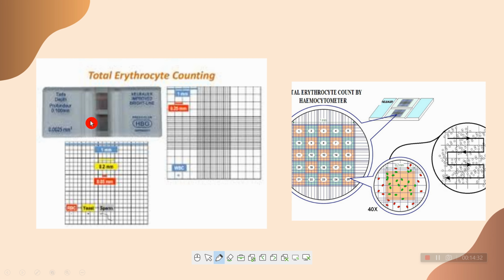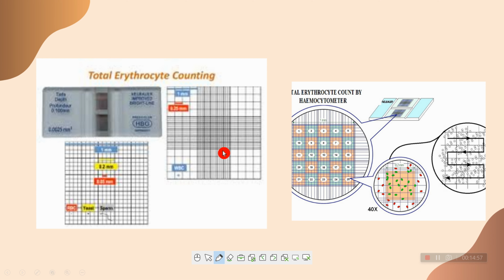different chambers. We put a cover slip here, and then we charge the sample from the RBC pipette into this Neubauer's chamber. After that, the Neubauer's chamber is left for 2 to 3 minutes for complete charging of the fluid.